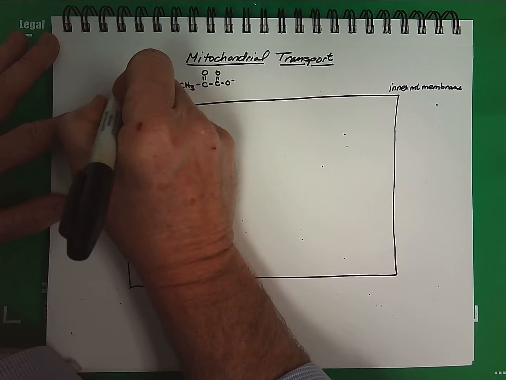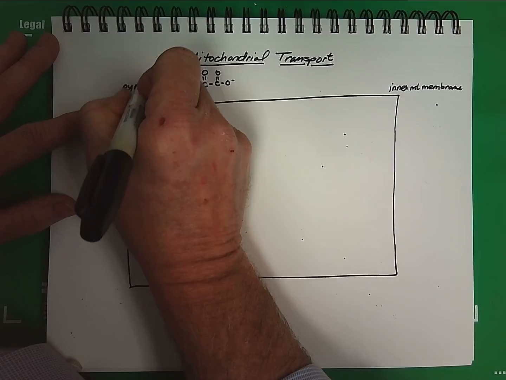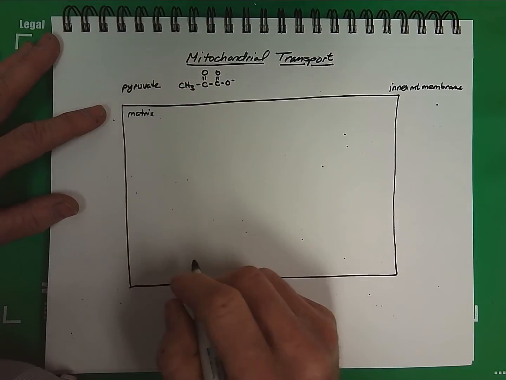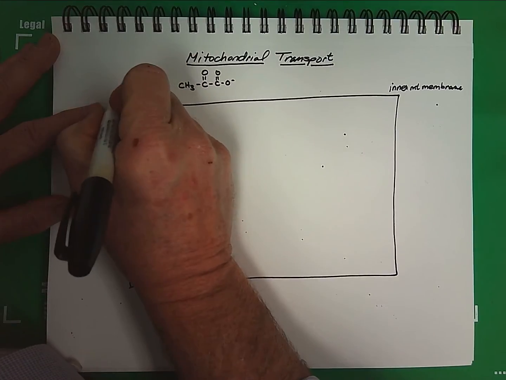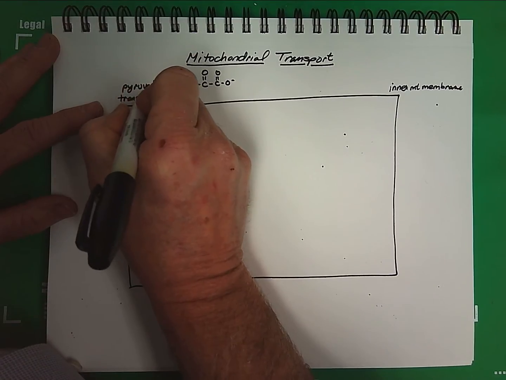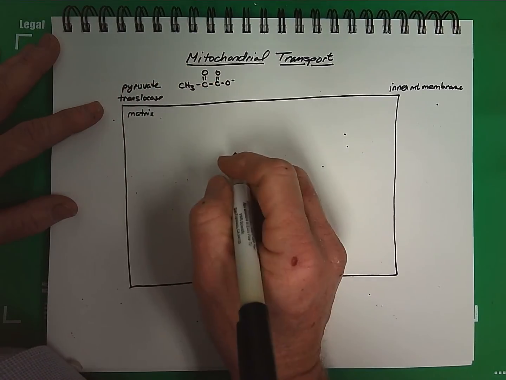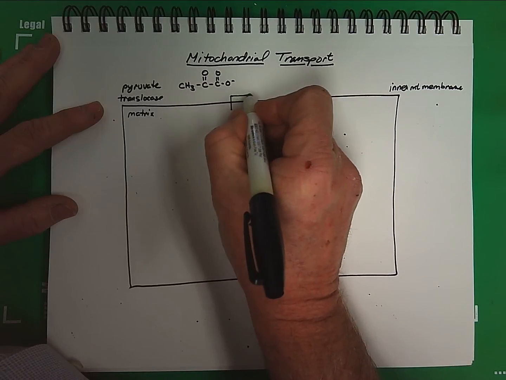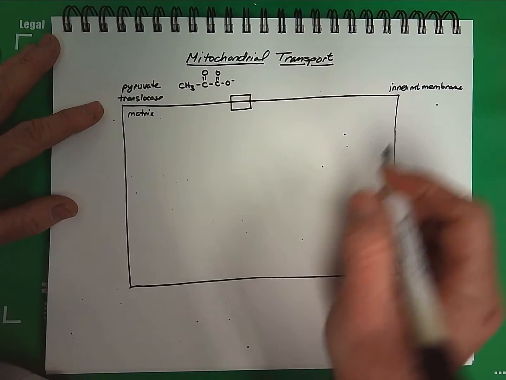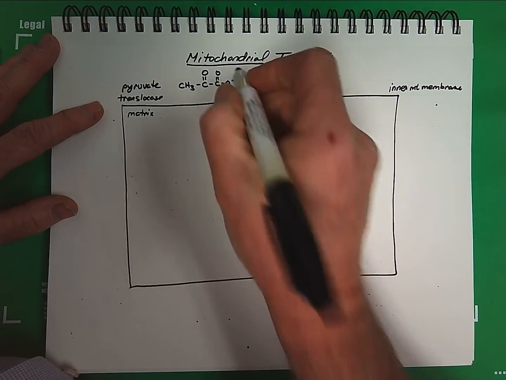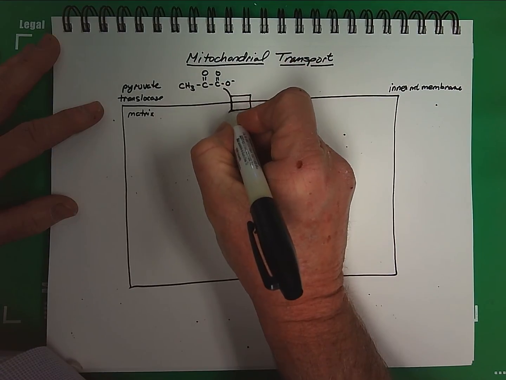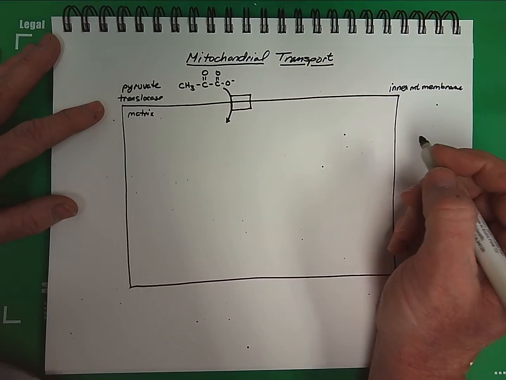Recall this is the molecule pyruvate. Pyruvate is transported by the pyruvate translocase. This translocase is a transmembrane protein that crosses the inner mitochondrial membrane and allows passage of pyruvate into the matrix.